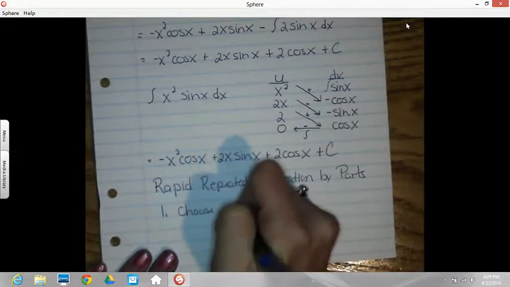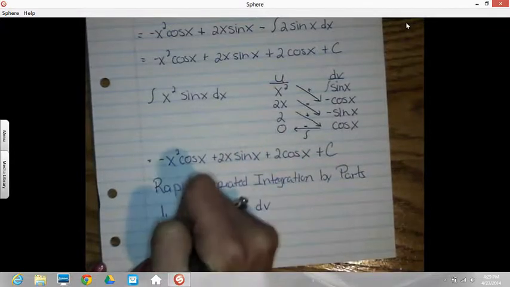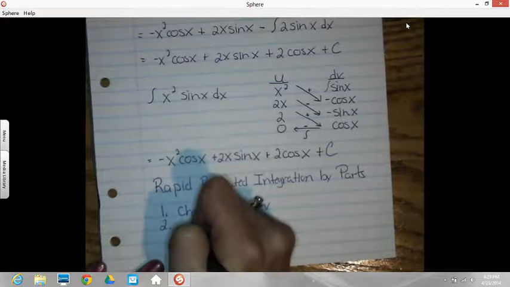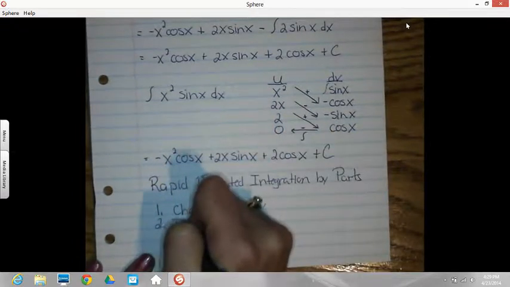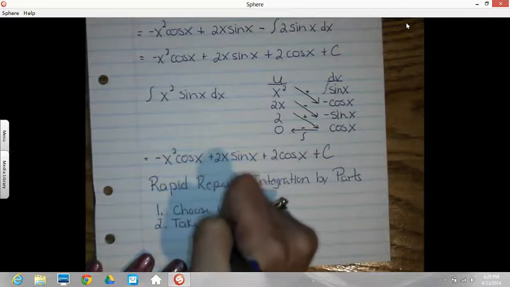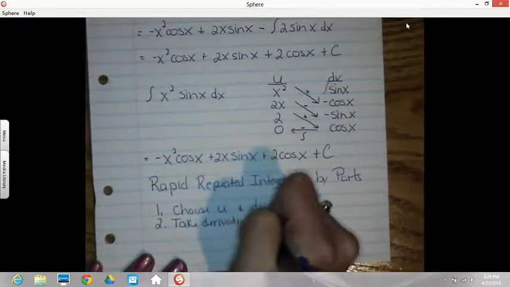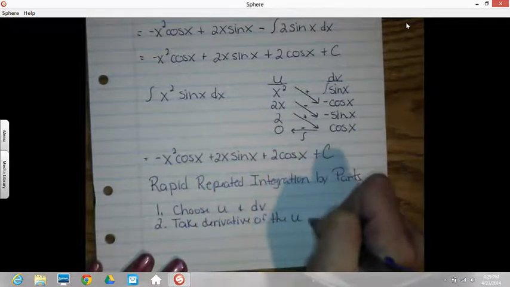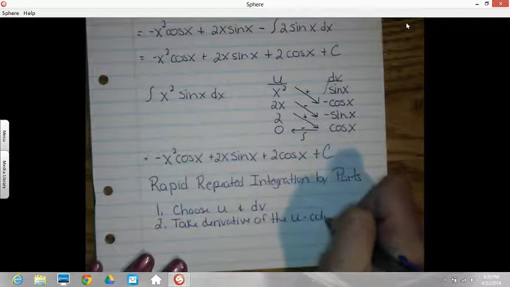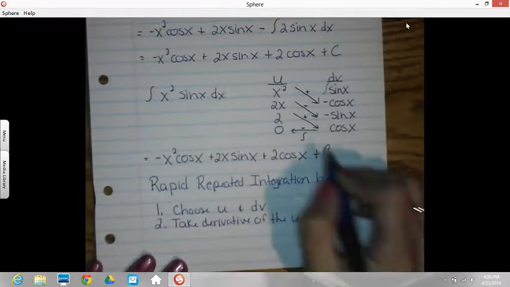Choose your u and dv terms. You do derivative down the u column. So take the derivative of the u column until 0 appears.